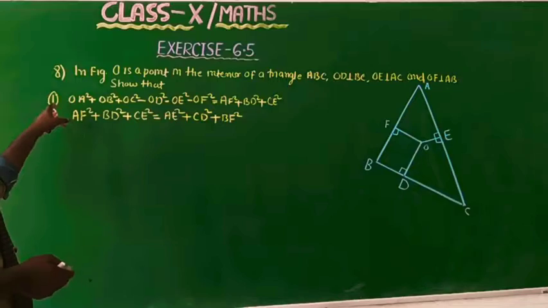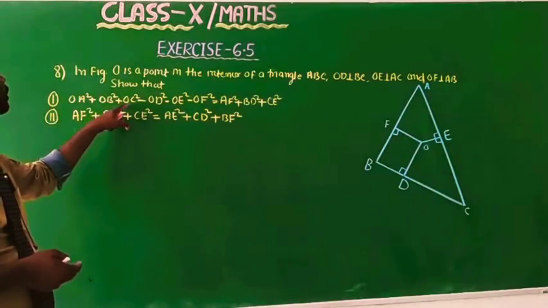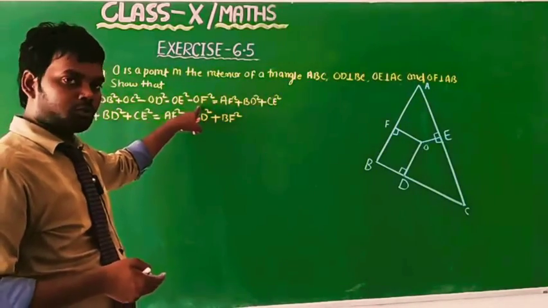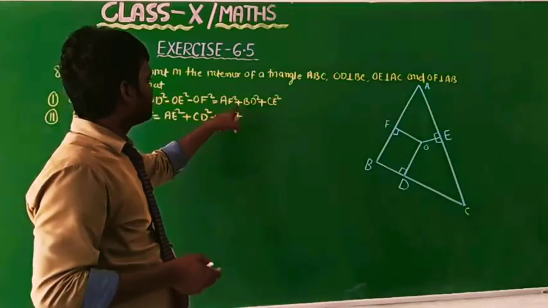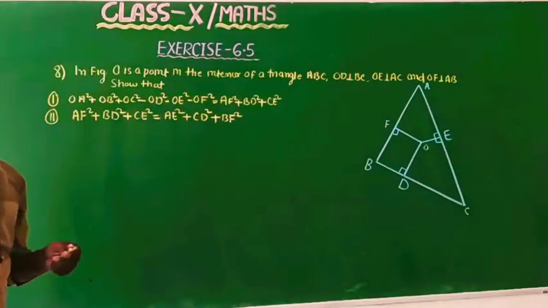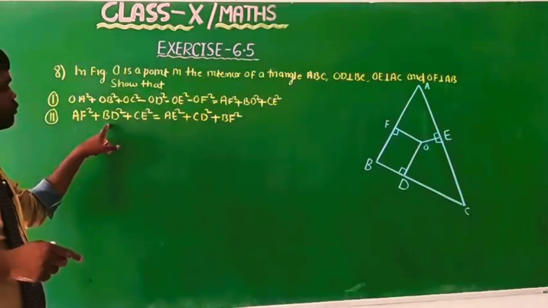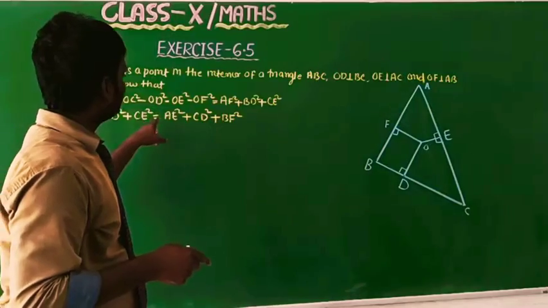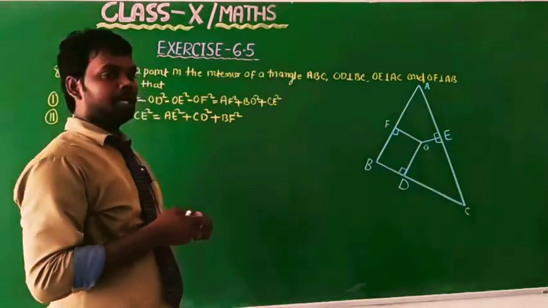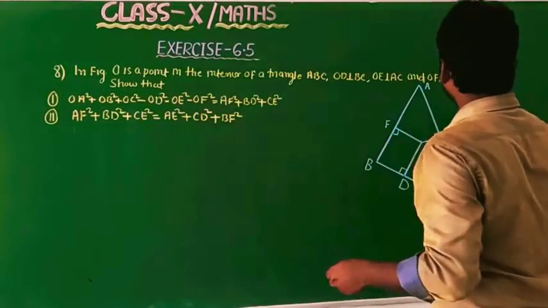So the first part we have OA square plus OB square plus OC square minus OD square minus OE square minus OF square equal to AF square plus BD square plus CE square. And the second part is AF square plus BD square plus CE square equal to AE square plus CD square plus BF square.